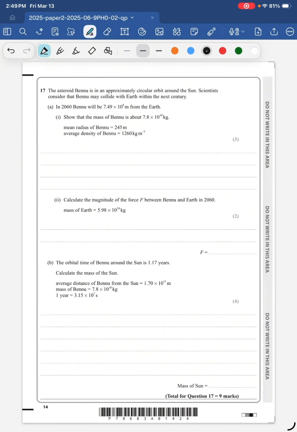Okay. So how are we going to calculate the mass? Just simply using the plain old density is mass per volume. So mass is density times volume. This is a sphere. So the volume of a sphere is 4/3 pi r cubed.